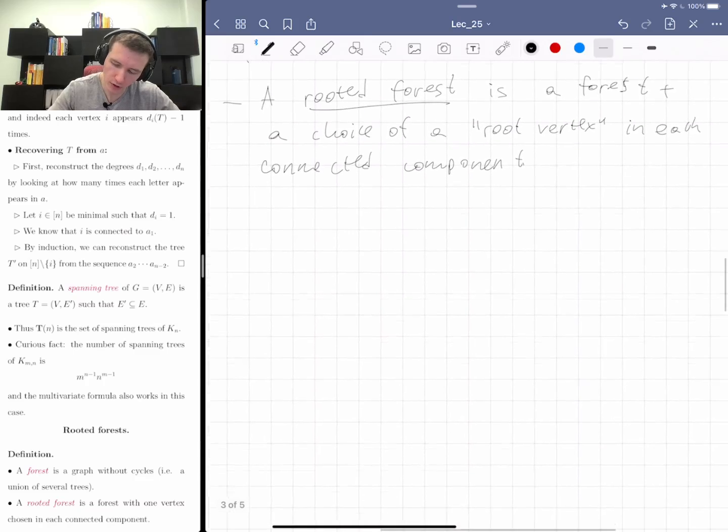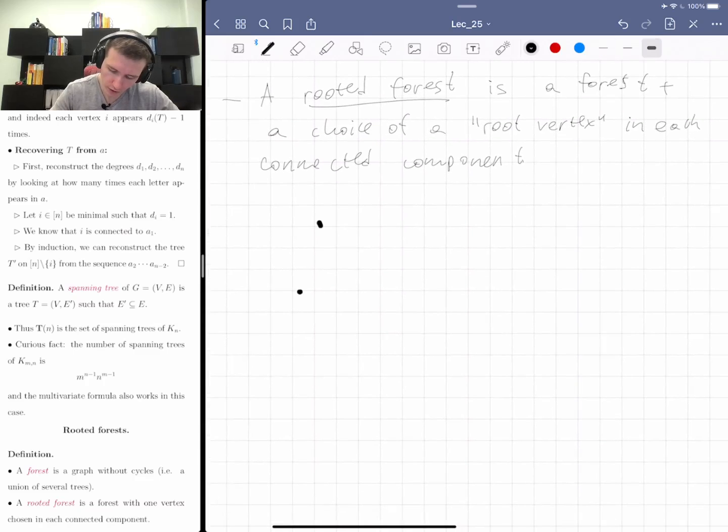For example, let me draw a random rooted forest. So maybe something like this.